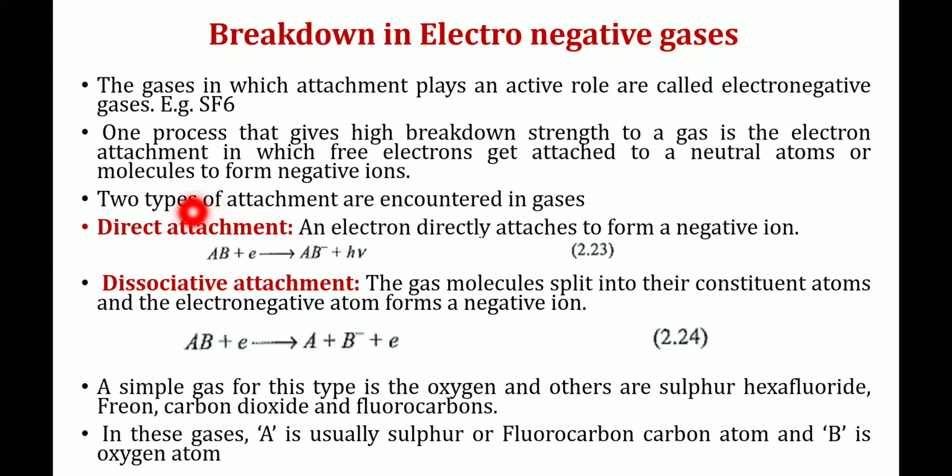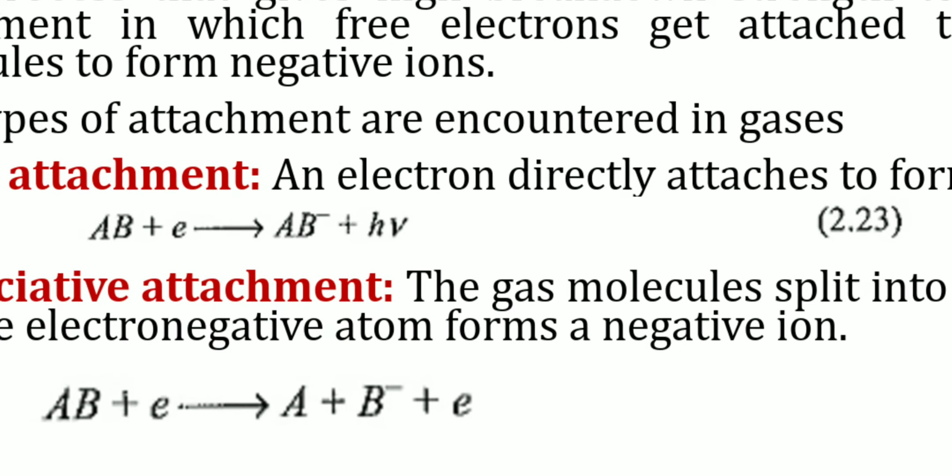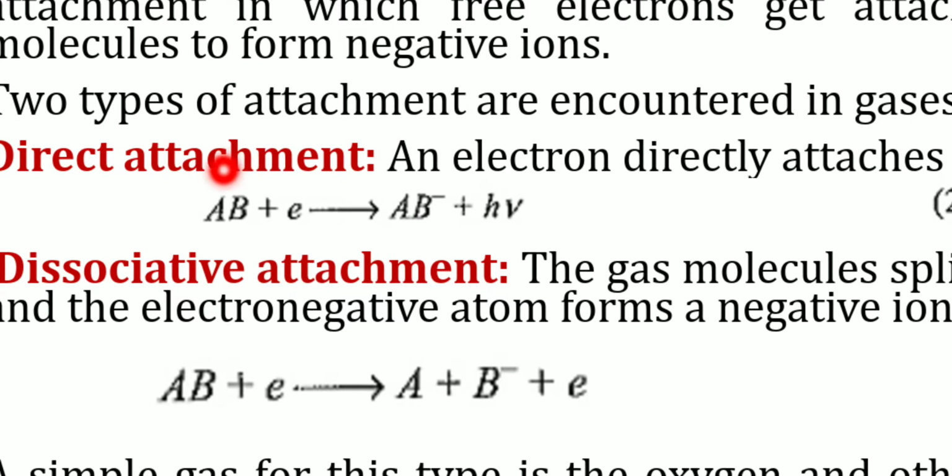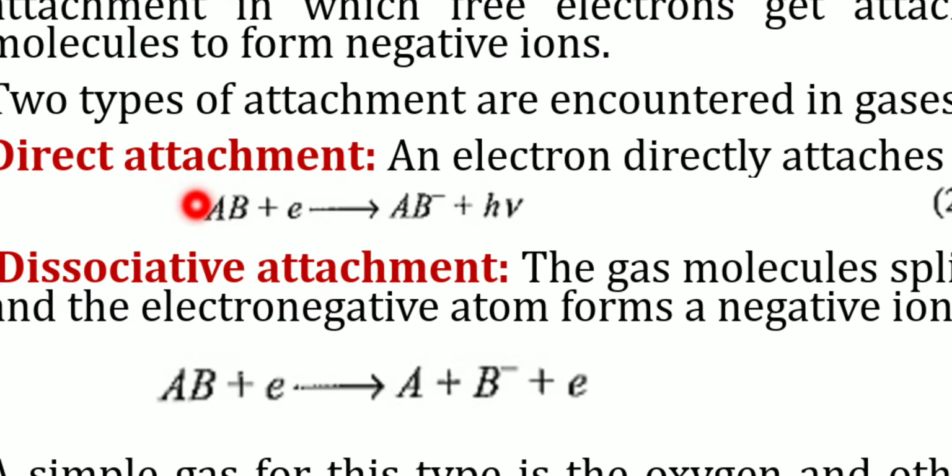The direct attachment process is represented symbolically like this. Here AB is the gaseous molecule. For example, we take A as a sulfur atom and B as the oxygen atom. These are the neutral gaseous atoms that I have considered here.